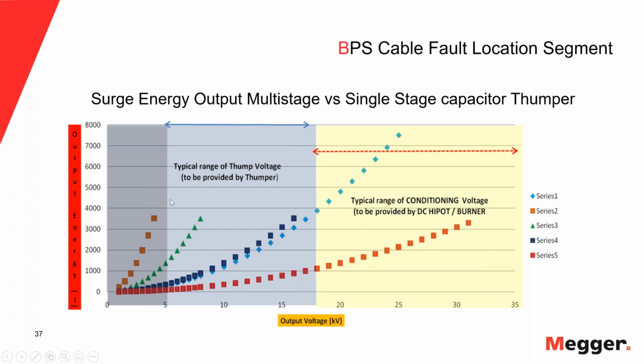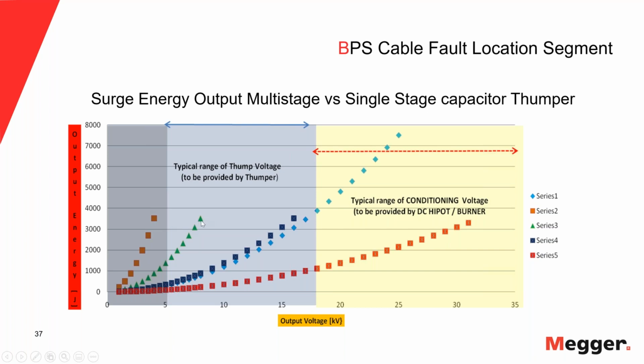If you look at that, we have absolutely less energy than the 7,500 joules from that thumper, but we have 3,500 joules. And we have 3,500 joules at 4 kV, 8 kV, 16 kV and 32 kV. So where you typically thump, you have much more energy available.